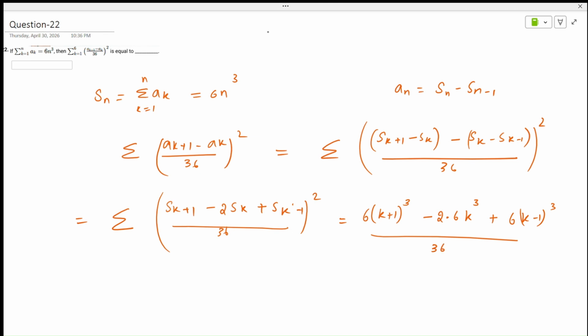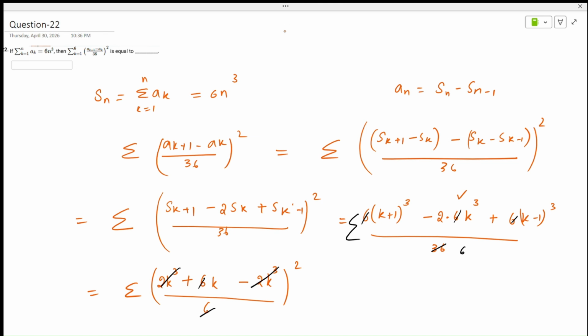If you take 6 common in the numerator and cancel the denominator, you will get summation of (k plus 1) whole cube plus (k minus 1) whole cube minus 2k cube, and then 3 becomes 6, 6k, minus 2k cube, upon 6 whole square. 2k cube and 2k cube get cancelled here, and 6 and 6 get cancelled here.